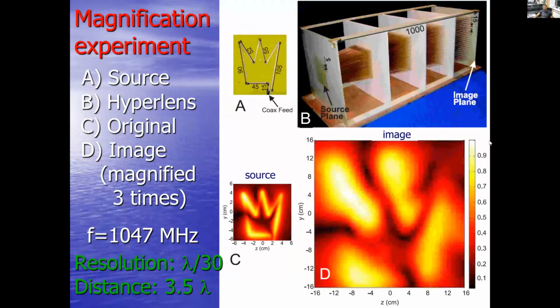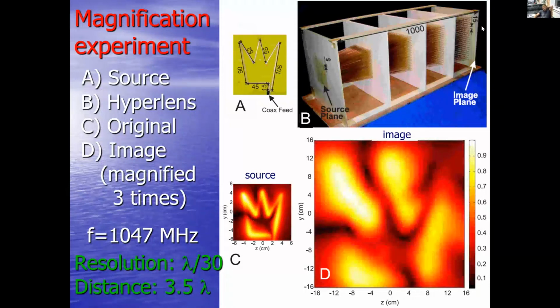Now we have a 5 millimeter period in the front and 15 millimeters, 1.5 centimeters, at the back. Again, a crown as a source. This crown source was magnified by this lens quite nicely to the output plane.